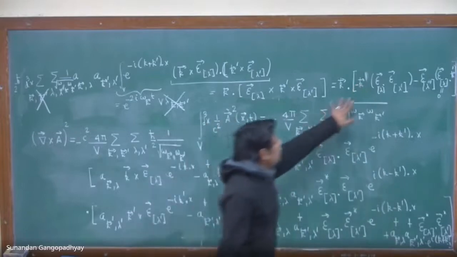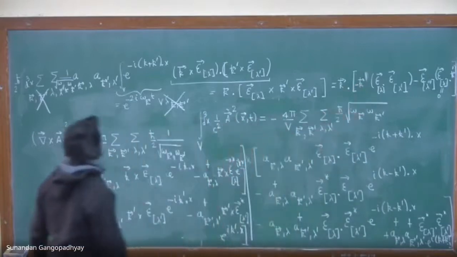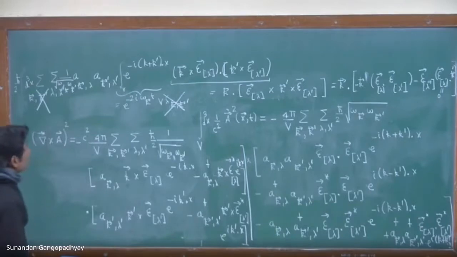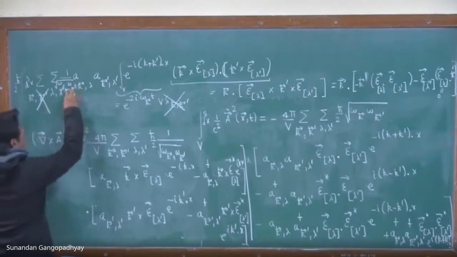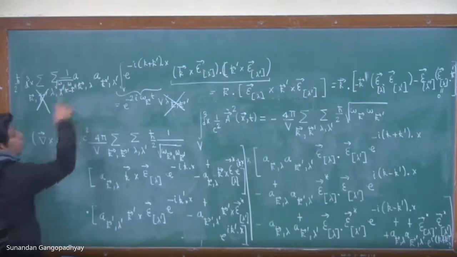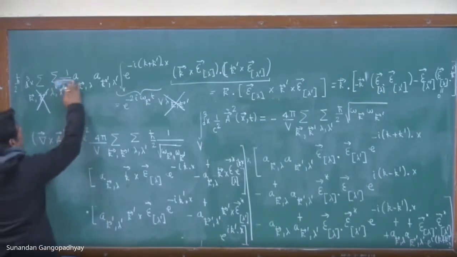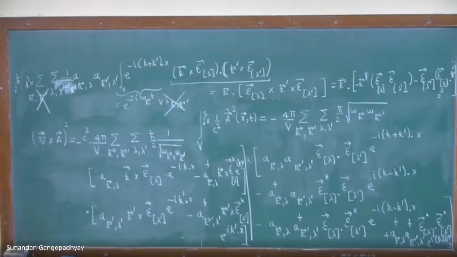So from here you will have k vector replaced by minus k. This will give you a k square. This will become minus omega of minus k, but omega of minus k is omega k. Therefore, this full thing will become omega of k. You should remember that there is a factor of 4 pi outside and also a factor of c square outside.